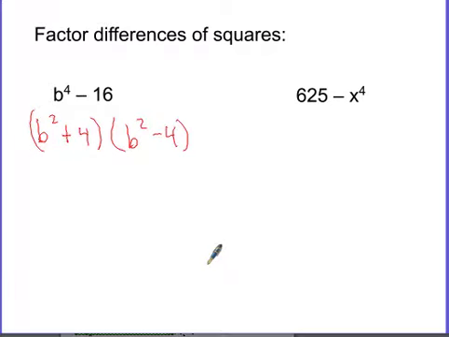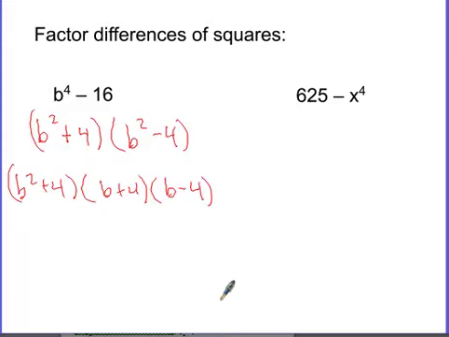This will factor again, won't it? We would have b squared plus 4, which won't factor, I believe. And then b squared minus 4 is another difference of squares, right? So we'd have b plus 4 and b minus 4.